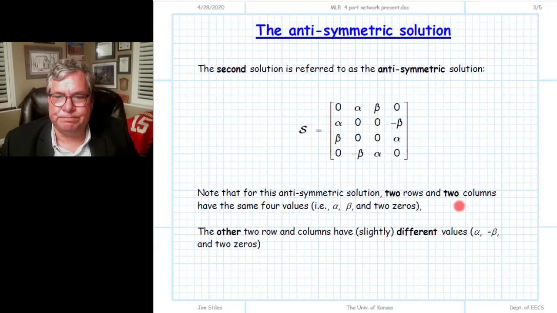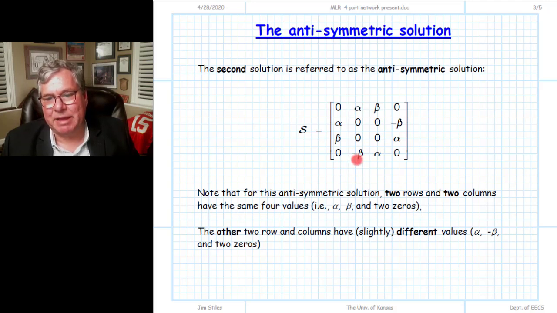The second solution is what's referred to as the anti-symmetric solution. Again, we have four values permuted across each of the four columns. In this case, alpha and beta, no j involved, and then two zeros. When we go to the next column, notice we have alpha and minus beta, however. So we have a minus sign here, and it's not exactly the same. We go from beta to minus beta, and then minus beta back to beta, and then beta back to minus beta again.